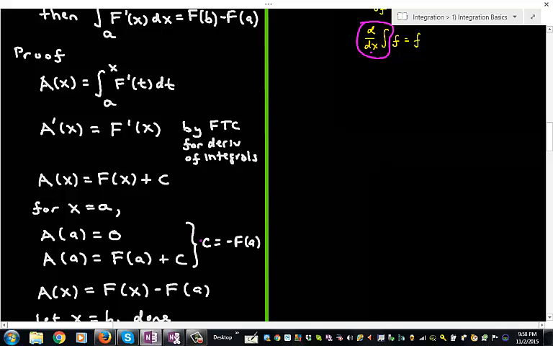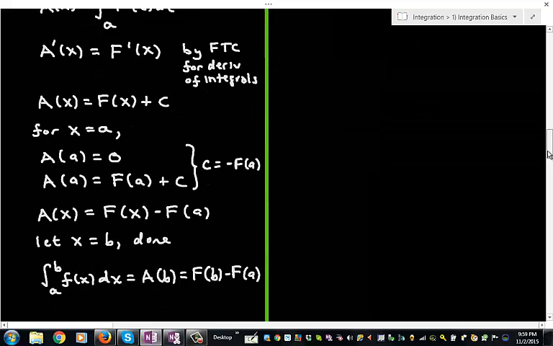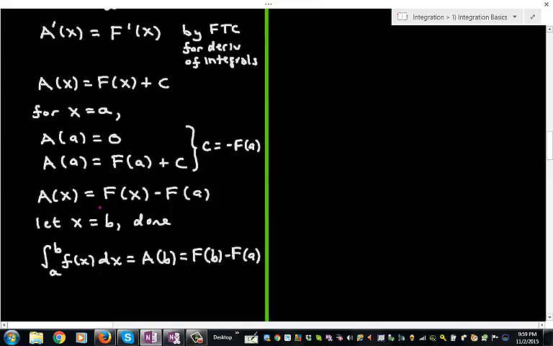Now you can see that. And now we have that capital A of x is equal to capital F of x minus F of a. I simply let x equal b and I'm done, because the integral from a to b of f prime of x is equal to capital A of b, which is equal to F of b minus F of a. And our proof is done.